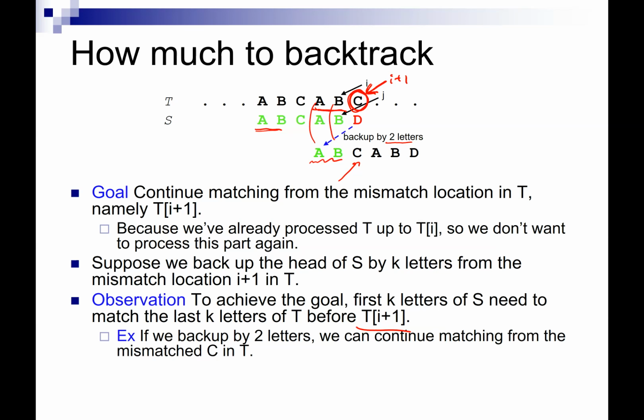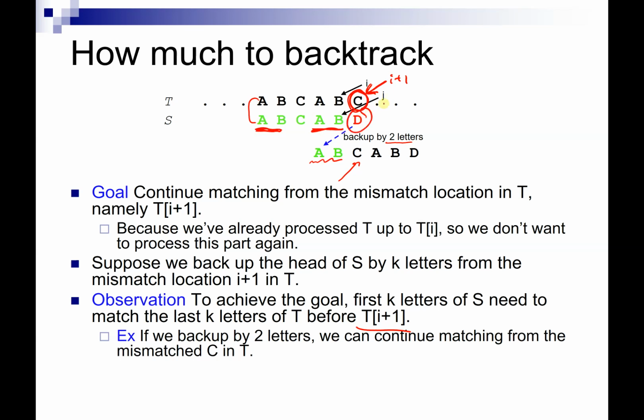In fact, if we manage to match 5 letters of S and T in this case, then what we're going to do is match the first k letters of S to the last k letters of S before the mismatch.